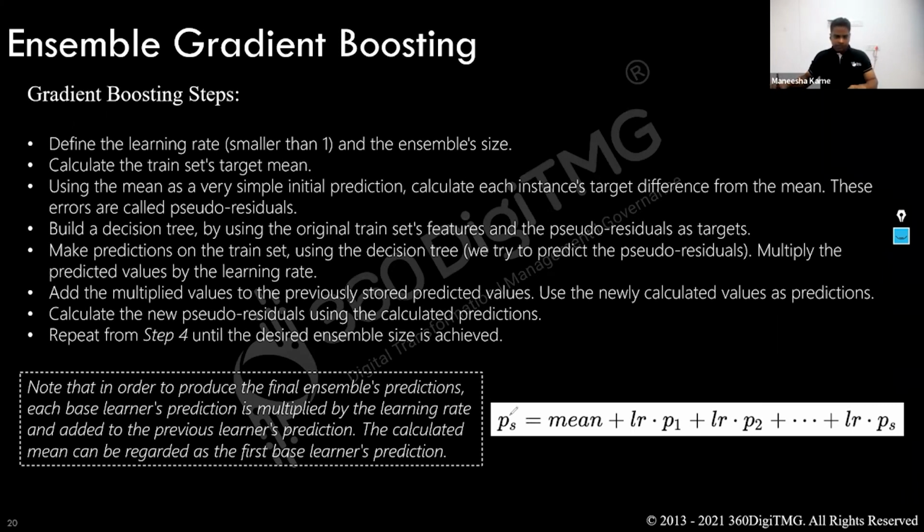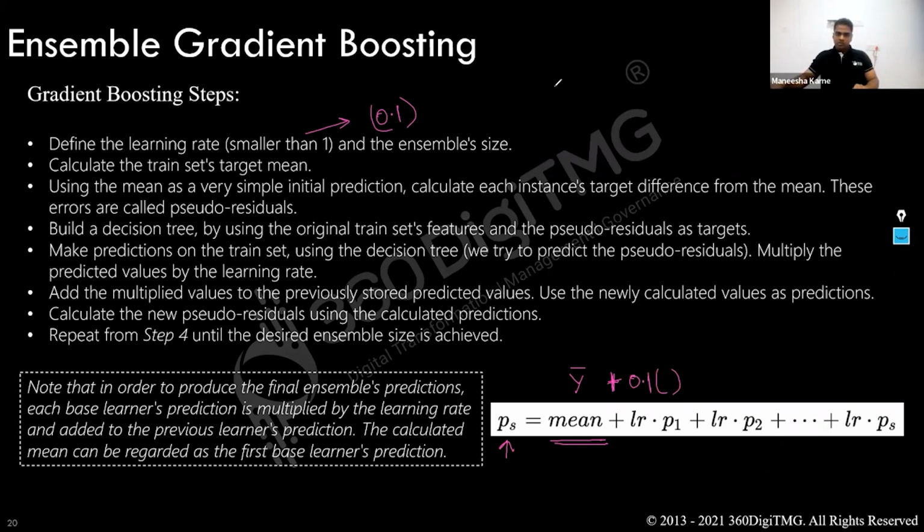So here, the final prediction is equal to average, because we are calculating the average as part of the initial step, plus we define some learning rate, and learning rate should be smaller than 1. Say you choose a value 0.1 as a learning rate. So plus 0.1 into, multiply that with all of your predicted values.